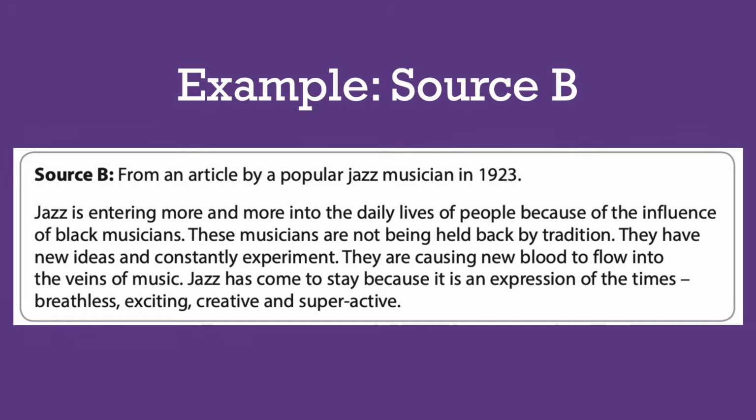Since this source is about jazz, which was a very popular type of music in the 1920s in the USA, and it's from the viewpoint of a jazz musician, it might be biased and might show jazz as being a really good thing. So that's something that you could use in your answer, so don't think that this part is not important. You should read the entire source all the time.